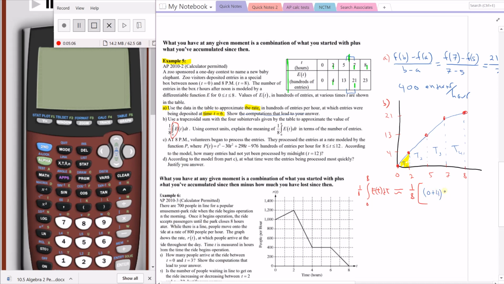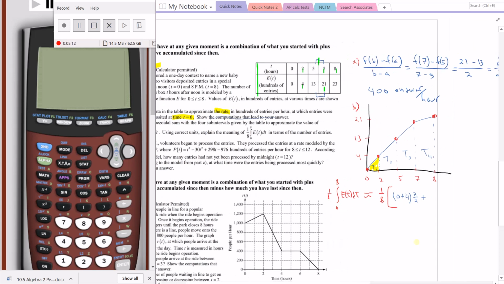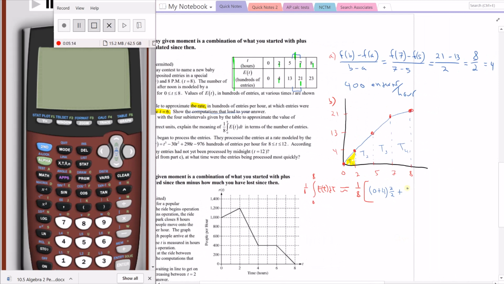The base here is 2, over 2. That's the first trapezoid, which is a triangle. Next one is height 1, which is 4, plus height 2, which is here, 13, times base, which is 3 over 2. That's the second one.